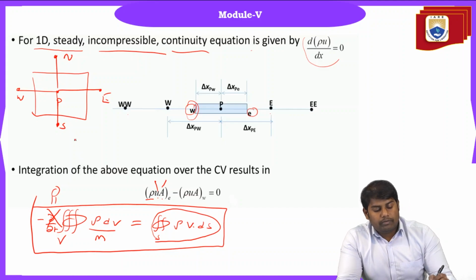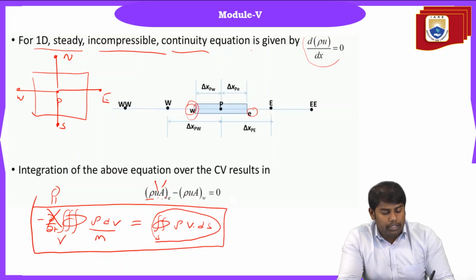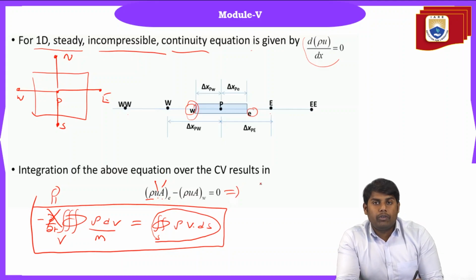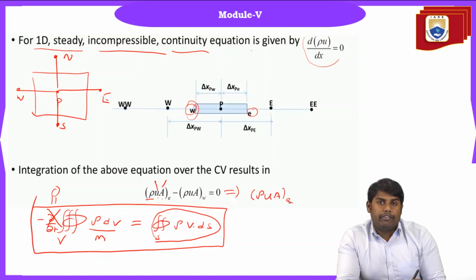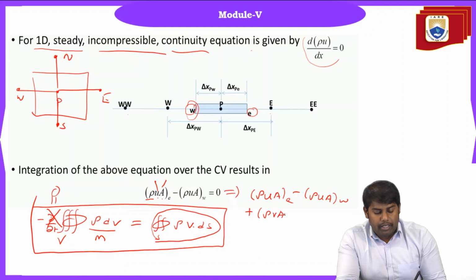Here is the formulation we have for 1D. How do we do it for 2D? That will be rho u A of surface E minus rho u A of surface W, plus rho and the velocity in the other direction, v, times A of north minus rho v A of south, equal to 0.